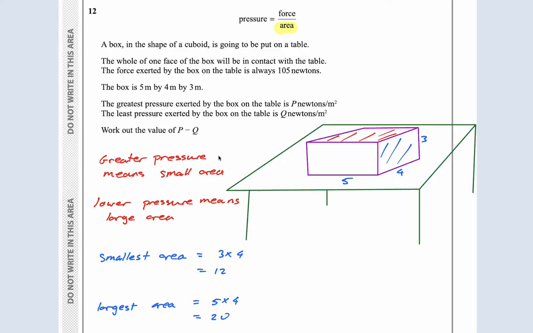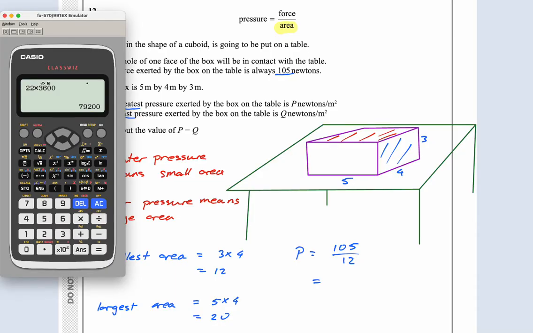So obviously, guys, it's a fairly complicated question, but hopefully this makes sense. So P is the pressure that has the greatest pressure. That's P. And Q is the least pressure. So for P, I'm going to do my force, which is 105, given in the question, divided by 12. 105 divided by 12 is 8.75.